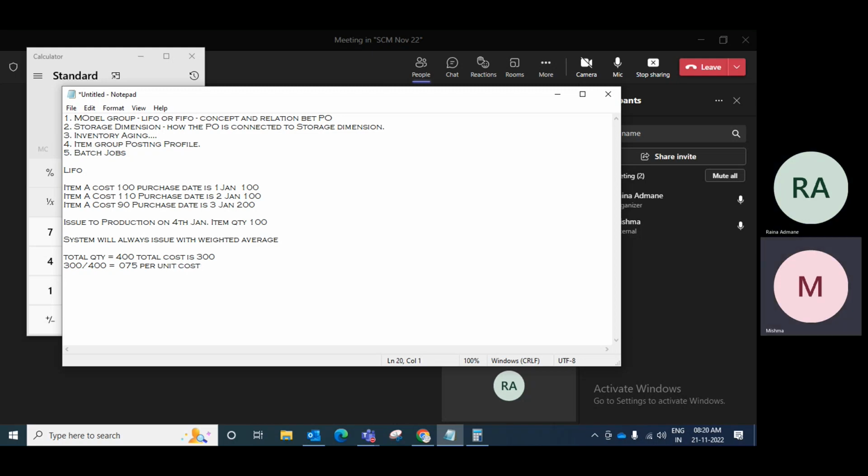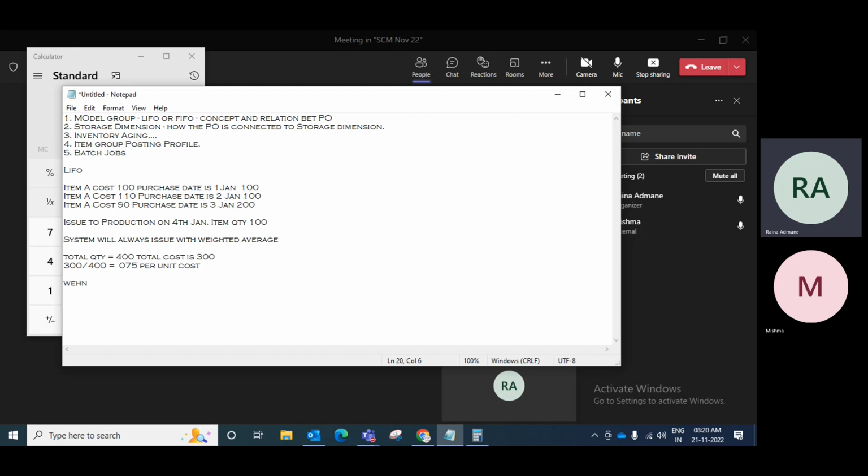When the system issues to production, that is called a sale, also called issuing material from stores at 0.75 per unit.